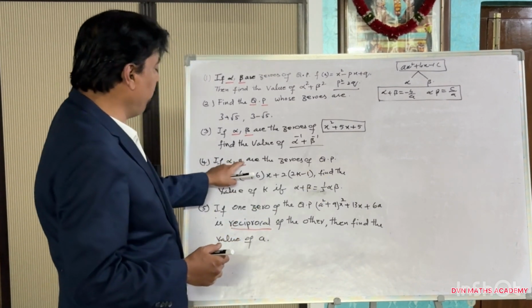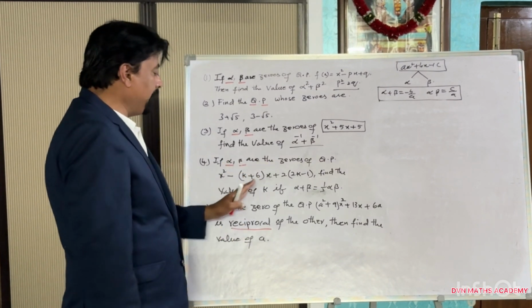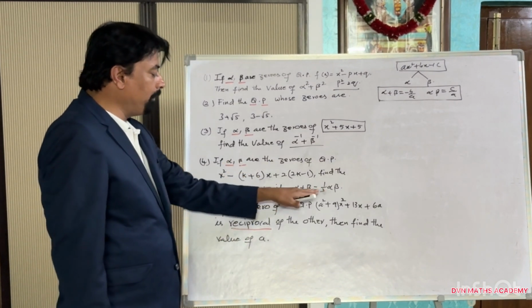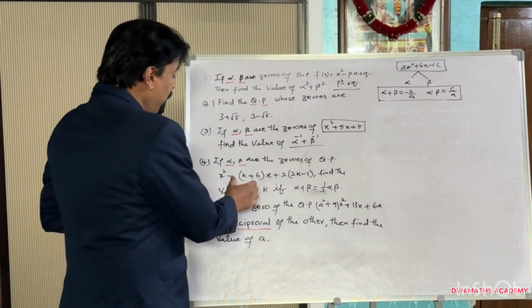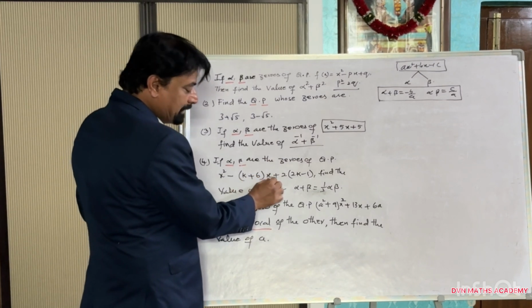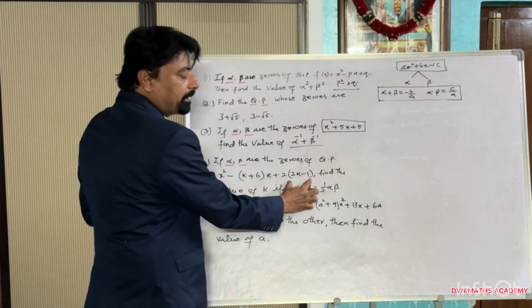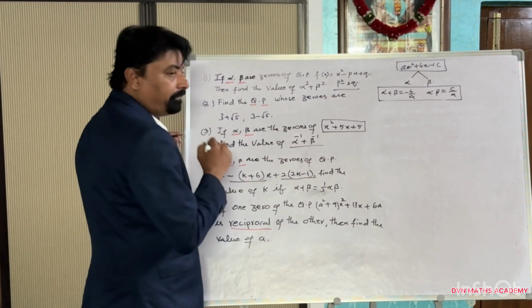In the given question, alpha and beta are already given as the roots, I mean zeros. Then he is giving one condition. By using this condition, you need to find the value of k. Here, minus (k plus 6) is the coefficient of x, and this complete term is the constant term c.